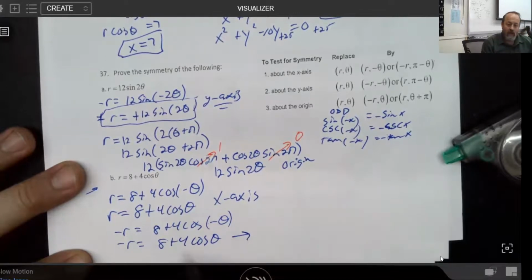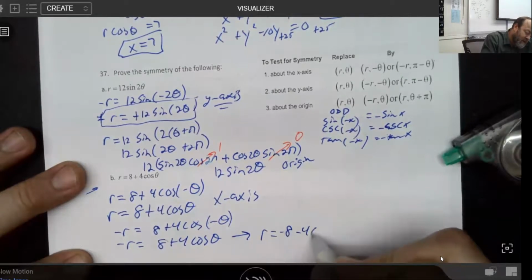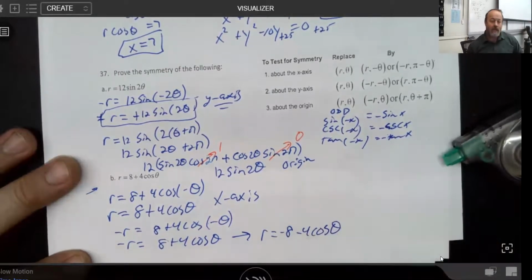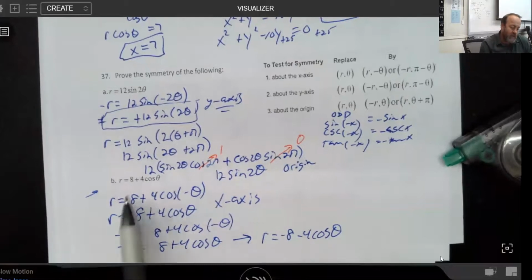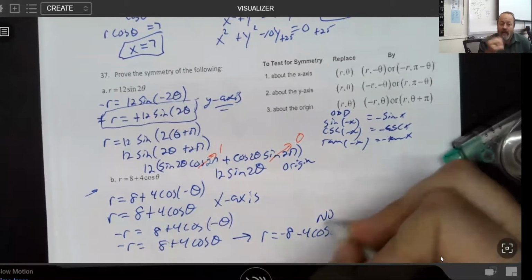But if we wanted to get this r by itself, if we multiply both sides by -1, we have something kind of different that happens, because if this is true, we knew that it was a limaçon that was actually extended to the right on the x-axis, whereas this one is now extended to the left on the x-axis, and that's completely different. That's not right. That doesn't have that symmetry.